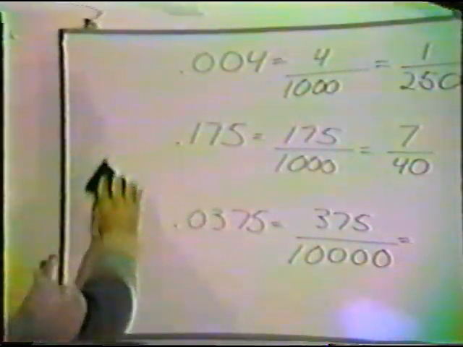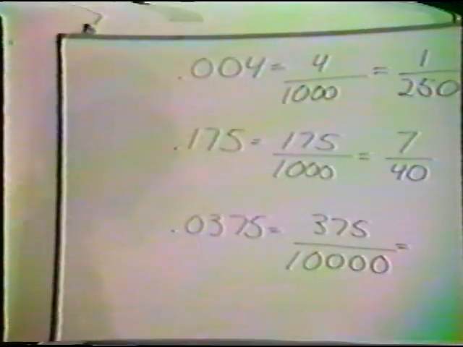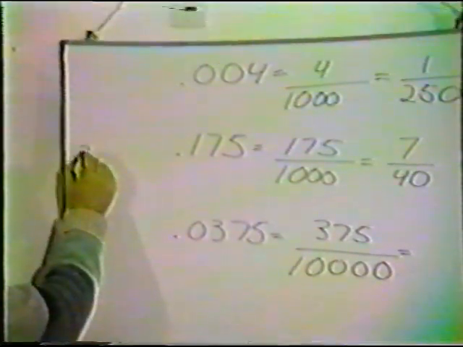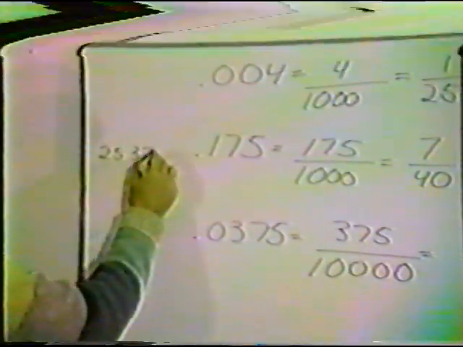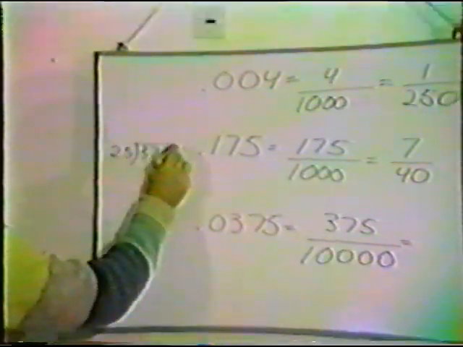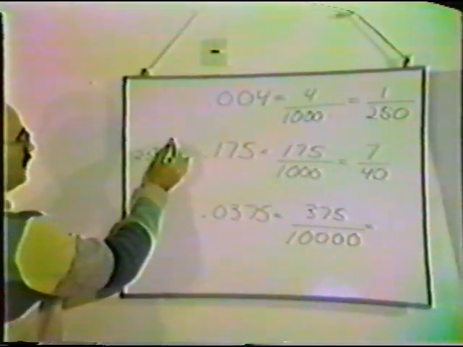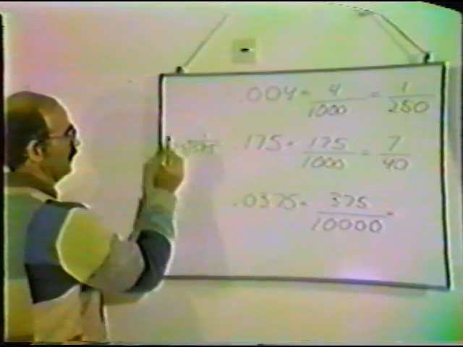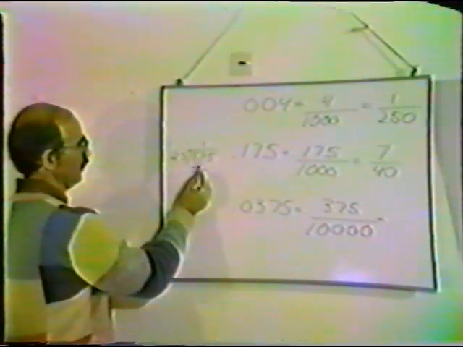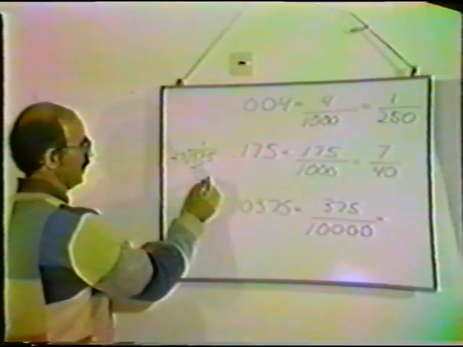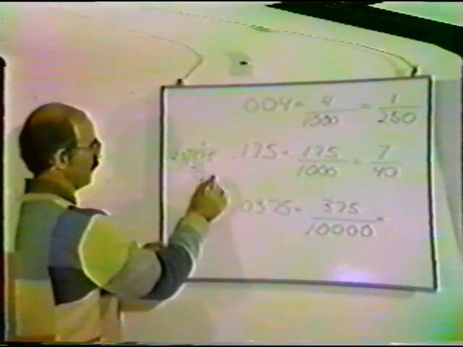Well, we'll have to divide 25 into 375. 25 into 375. Well, it goes into 37. How many times? 1. 1 times 25 is 25. We subtract, get 12, and we bring down the 5.